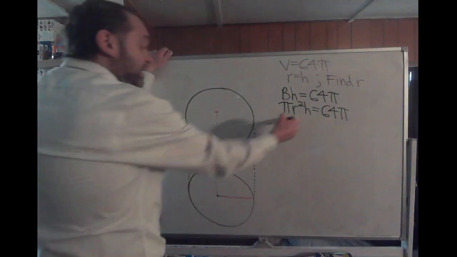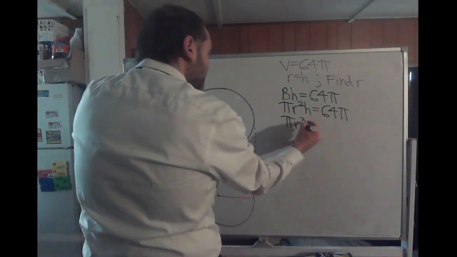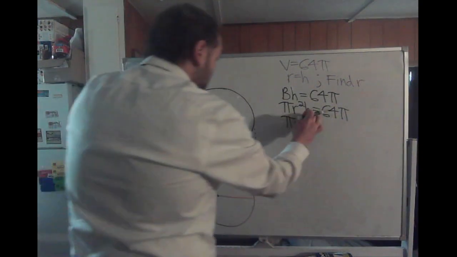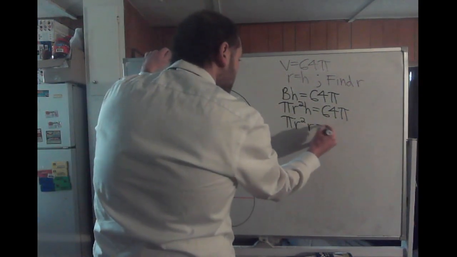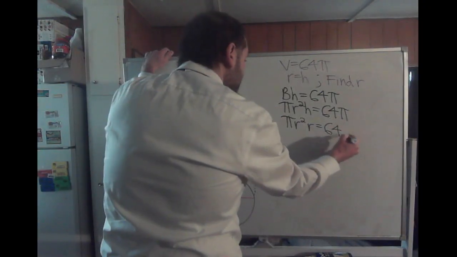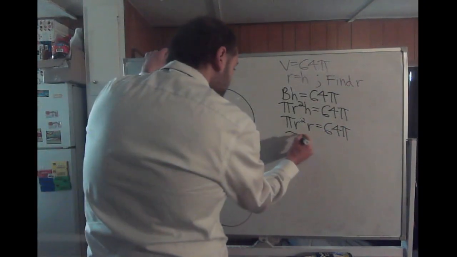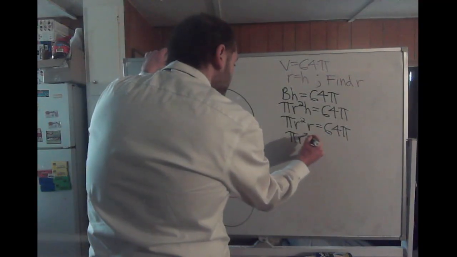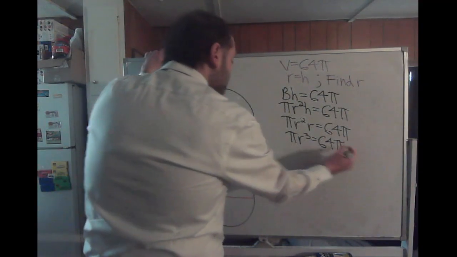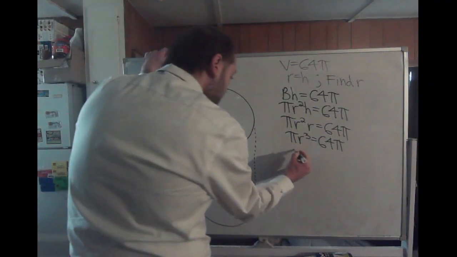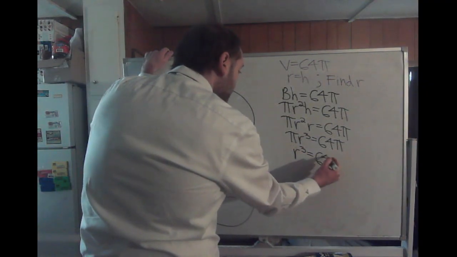And then the height itself equals the radius, so you would get pi r squared times r equals 64 pi, since the radius equals the height, which would really give you pi r to the third equals 64 pi. Now we can divide both sides by pi and get r to the third by itself, which would equal 64.